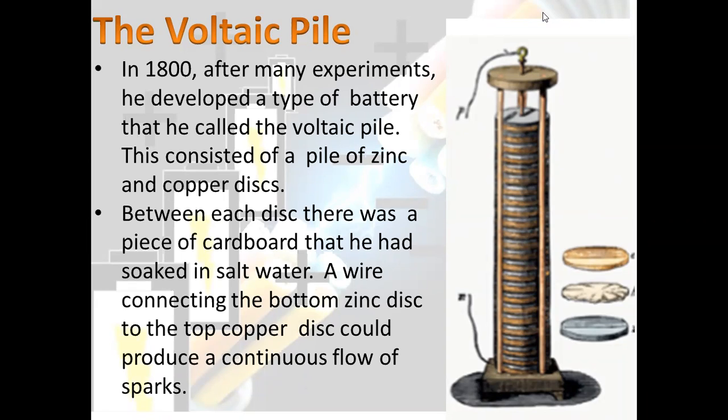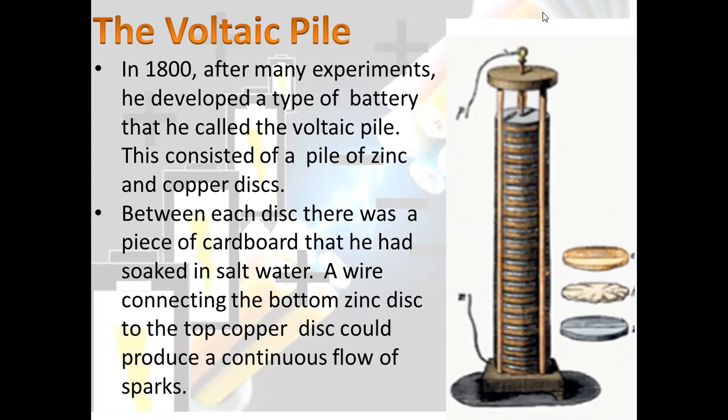In 1800, after many experiments, he developed a type of battery that he called the Voltaic pile. This consisted of a pile of zinc and copper discs. Okay, so who is that person we are talking about? After many experiments, he developed a type of battery.